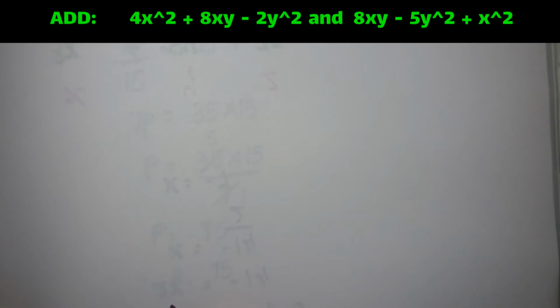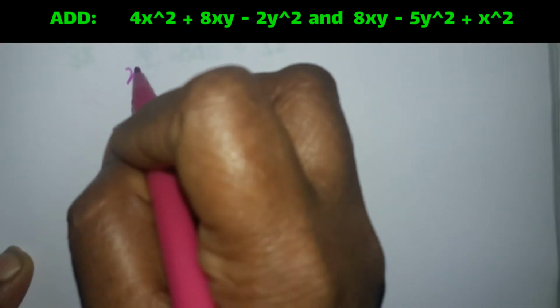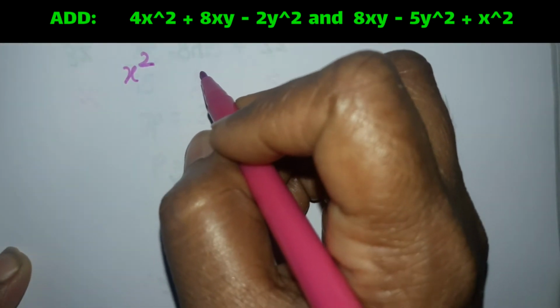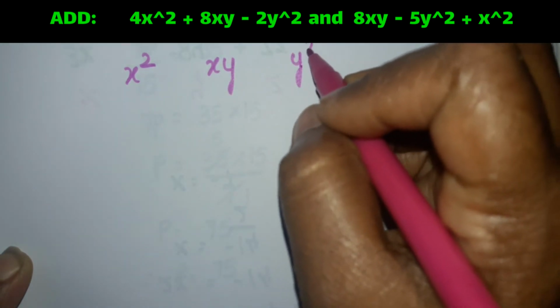Our next sum is 4x square plus 8xy minus 2y square and 8xy minus 5y square plus x square. So we have x square term, y square and xy term, right? So I'll put x square and xy, y square term.